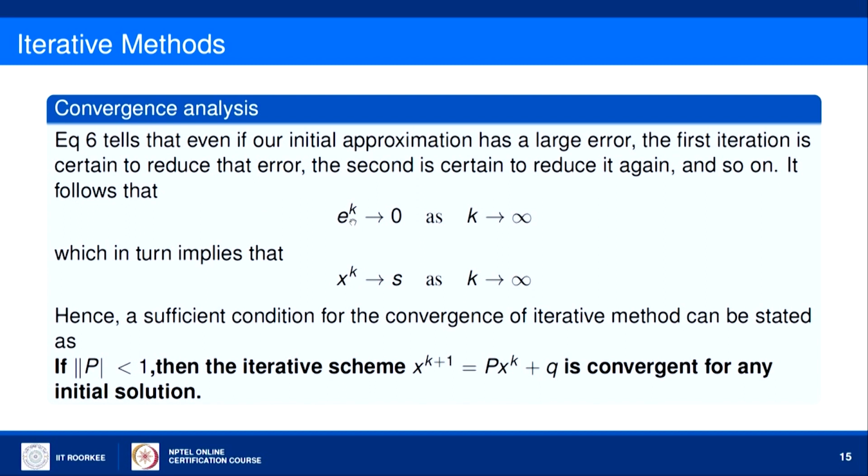It follows that the error in the kth iteration will be 0 when k tends to infinity, which implies that the sequence of approximations will tend to the exact solution as k tends to infinity, because this error is tending to 0. Hence, a sufficient condition for the convergence of the iterative equation can be stated as: if the norm of matrix P is less than 1, then the iterative scheme x_(k+1) equals p x_k plus q is convergent for any initial solution, because whatever large error you are having initially, it will reduce in each subsequent iteration.